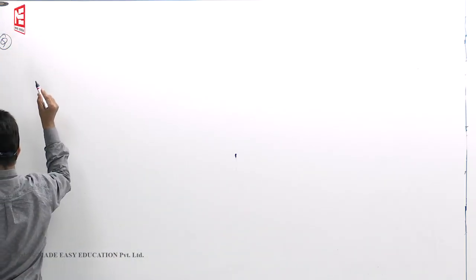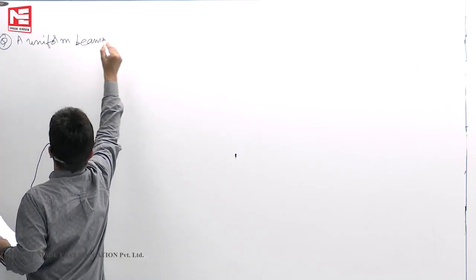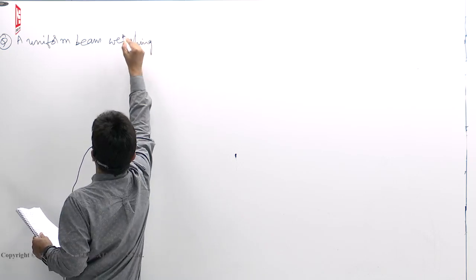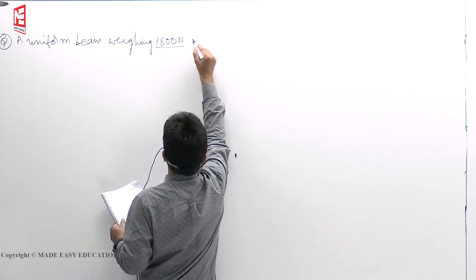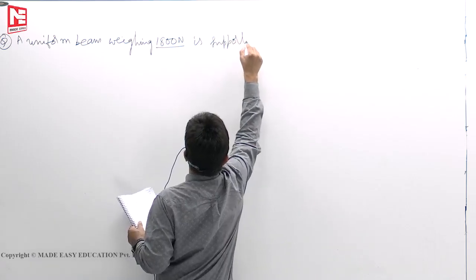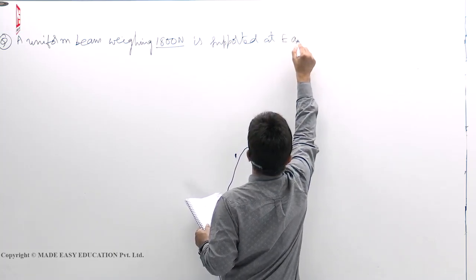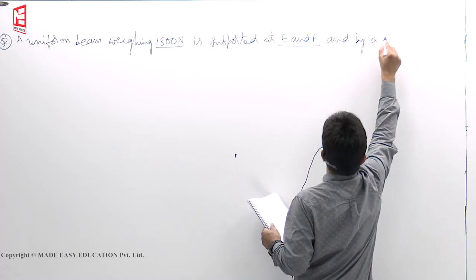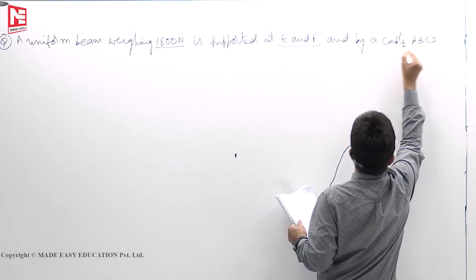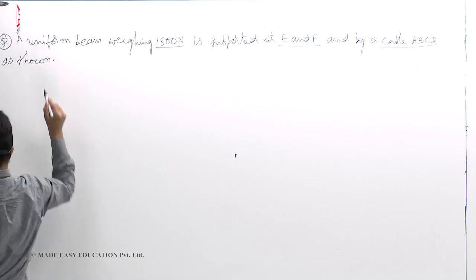Okay, now we'll see the second problem. A uniform beam weighing 1800 Newton is supported at E and F and by a cable ABCD as shown.